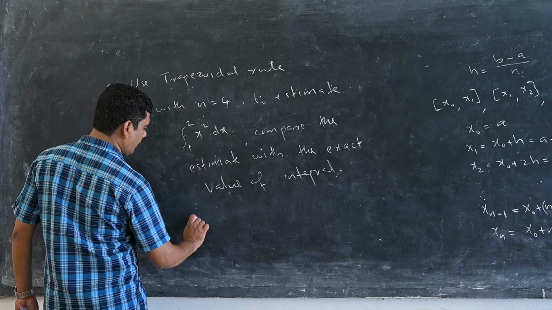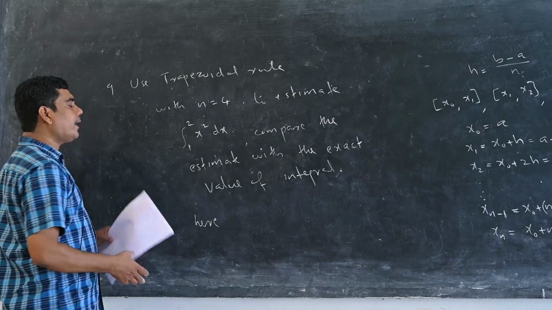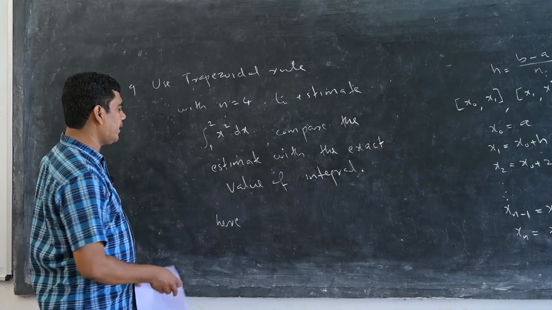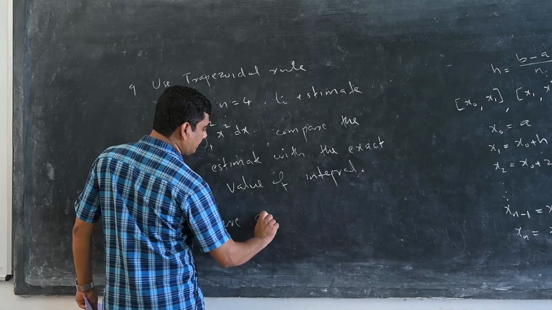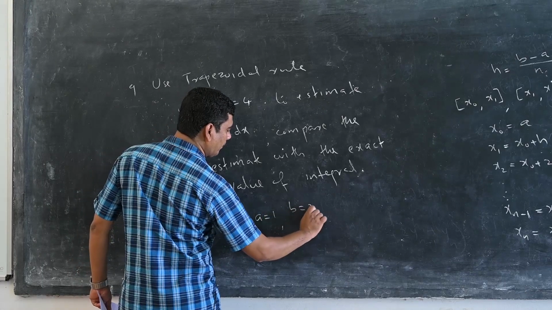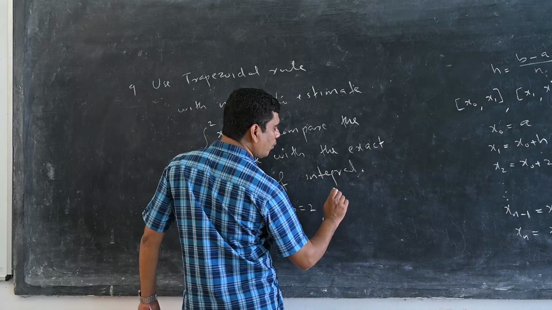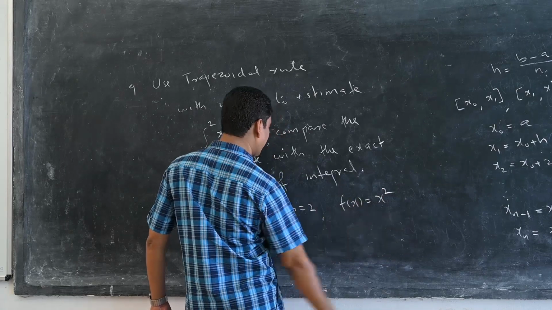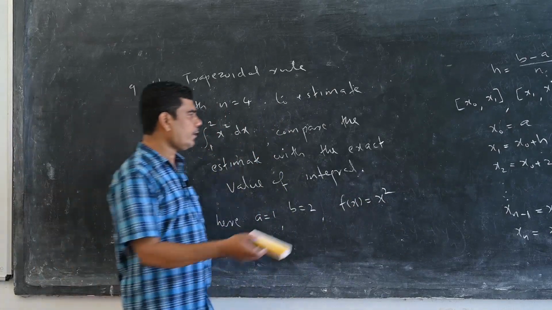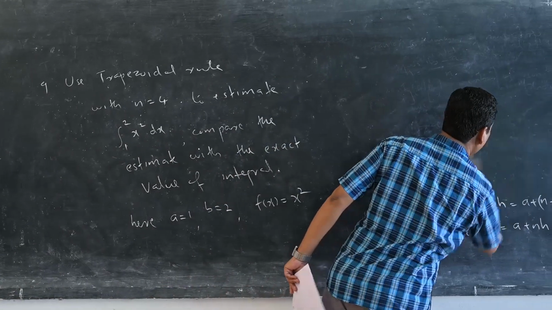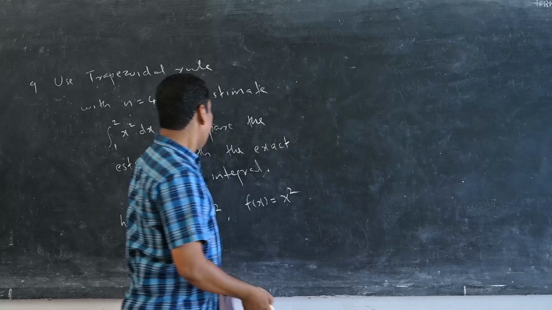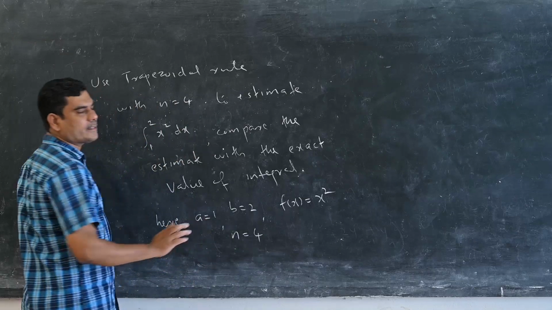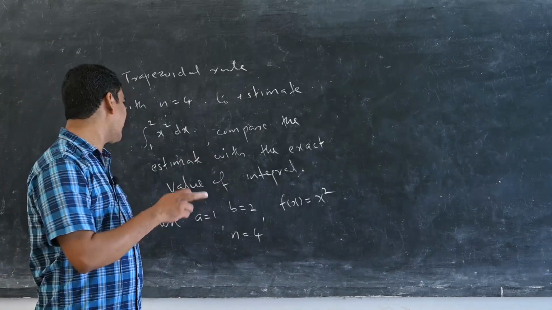Here integral a to b f of x dx is equal to integral 1 to 2 x square dx. So here a is equal to 1, b is equal to 2, y of x is equal to f of x is equal to x square. We have given value of n is equal to 4. n is number of subintervals.